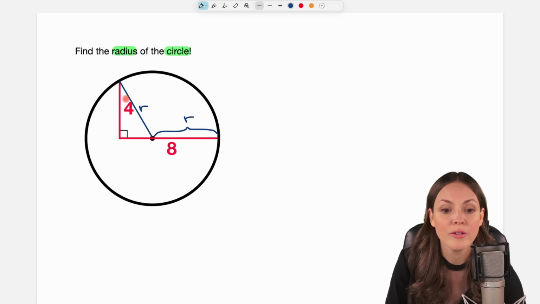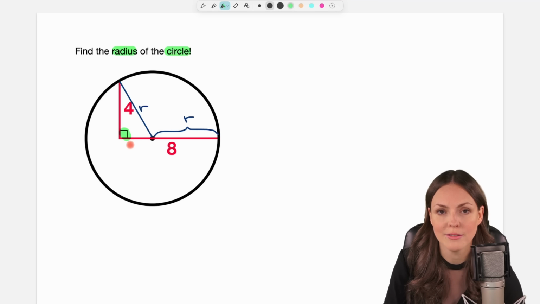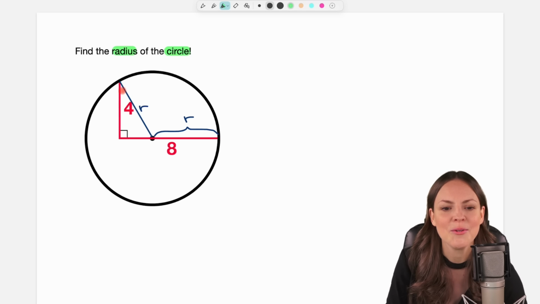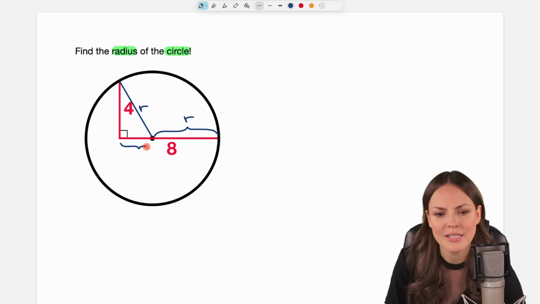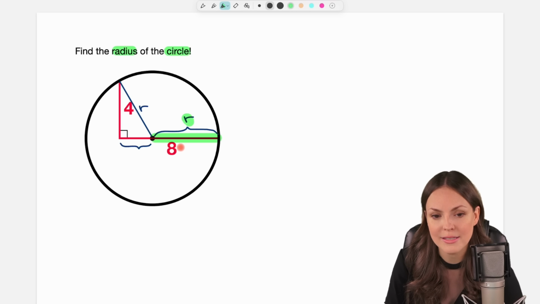Okay, so now we've created a triangle here, which is also a right triangle, which is perfect for the Pythagorean theorem. We know the length of this side here, but what about the length of this side here? How long is this part? Well, we only know the length of this entire side here, which is of length 8. And we know that this part here is my radius.